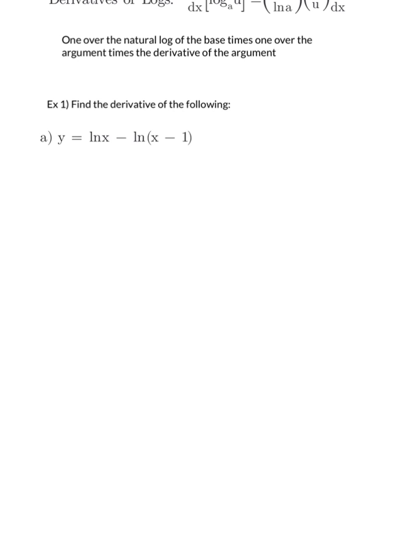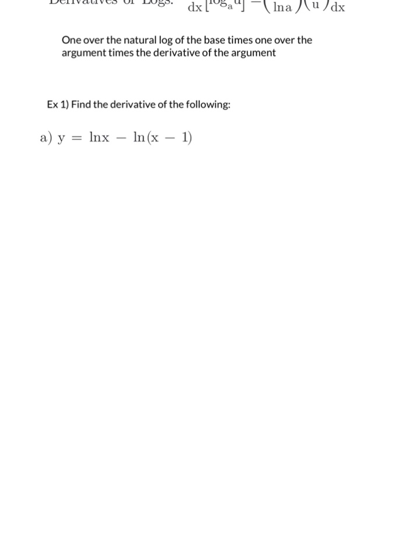On our first example, we want to find the derivative, and our example A is y equals the natural log of x minus the natural log of the quantity x minus 1. Because each of these terms is a natural log, we can go straight into doing the derivative.